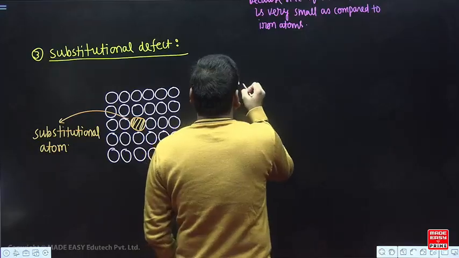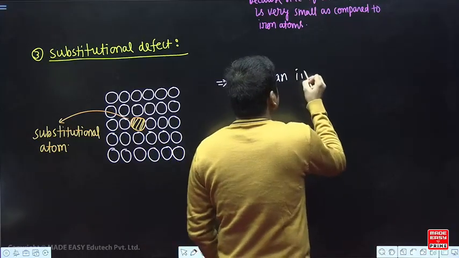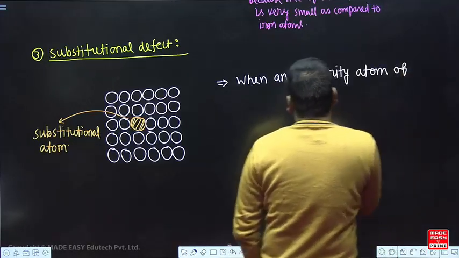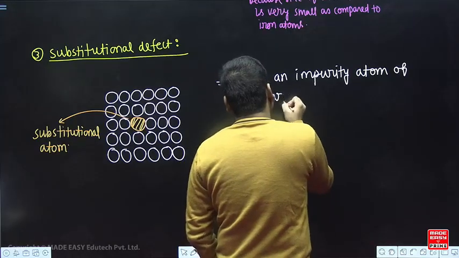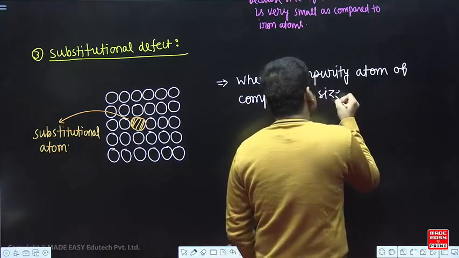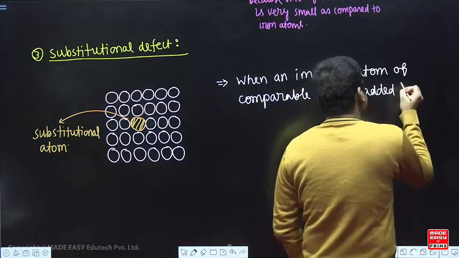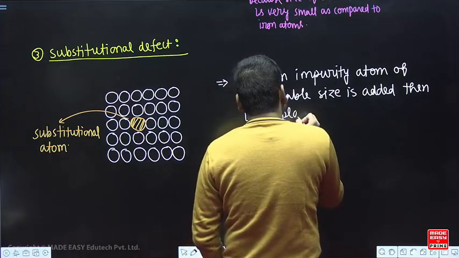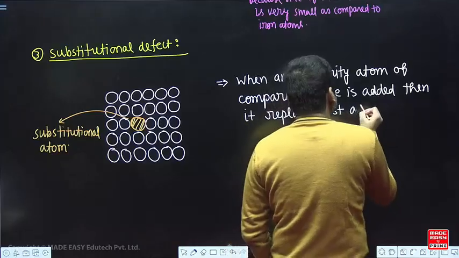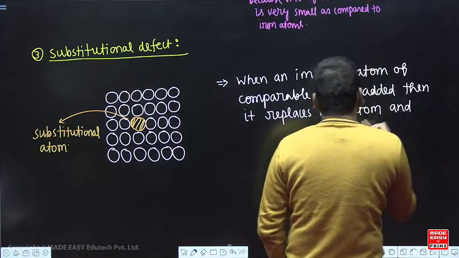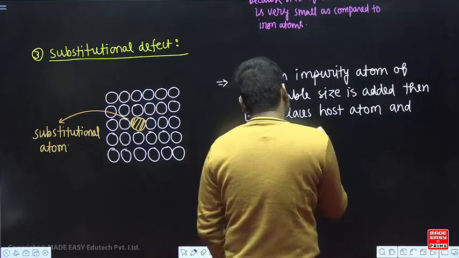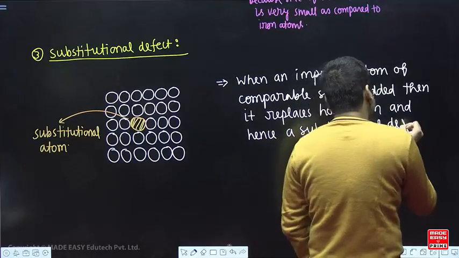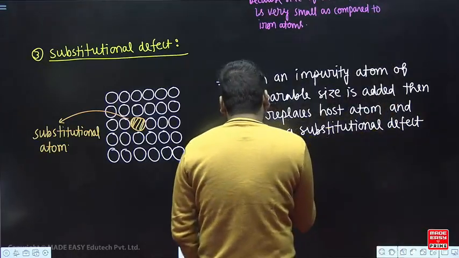When an impurity atom of comparable size is added, then it replaces the host atom, and hence a substitutional defect is formed.